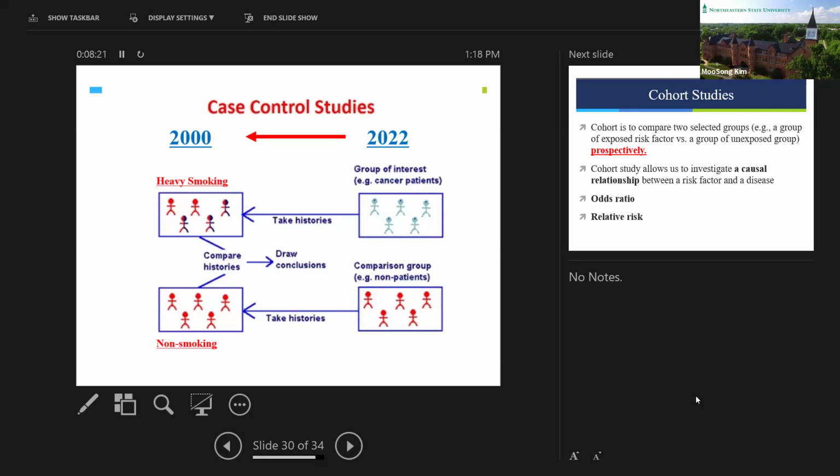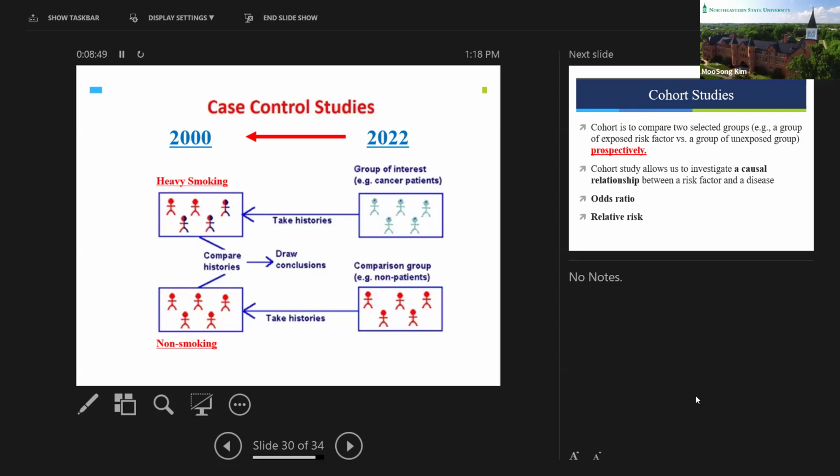But in 2022, you ask, what did you do 20 years ago? Did you smoke a lot? Probably the answer might not be accurate because of memory bias. So one of the weaknesses of this case control study is memory bias.